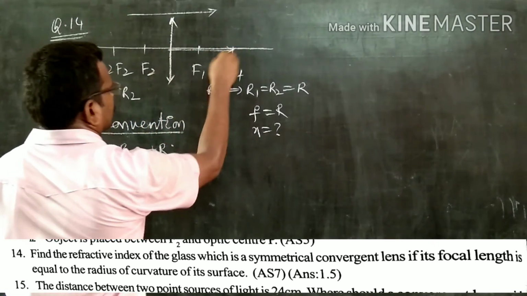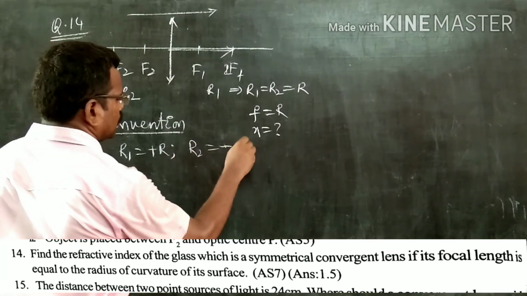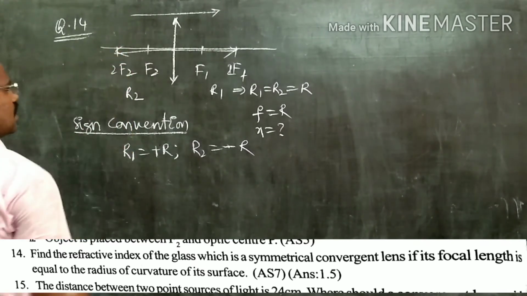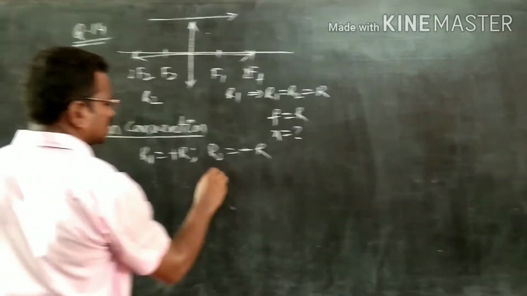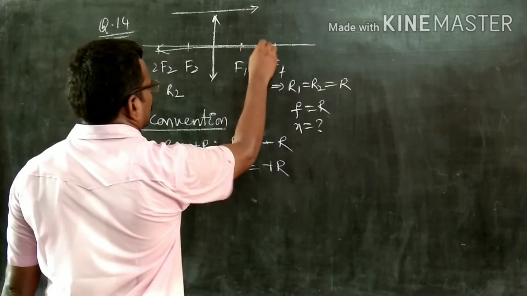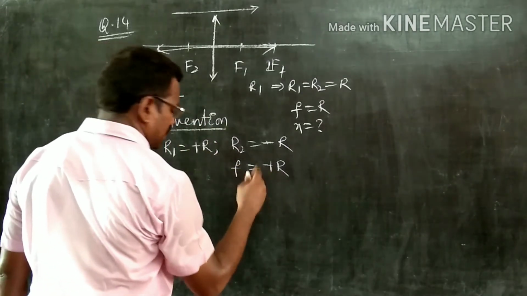Because both of them are in the same direction. Then R2 is equal to minus R. Why? Because we are measuring R2 in the opposite direction to the incident rays, and f is equal to plus R. Why? Because for a biconvex lens, focal length is always taken as plus.